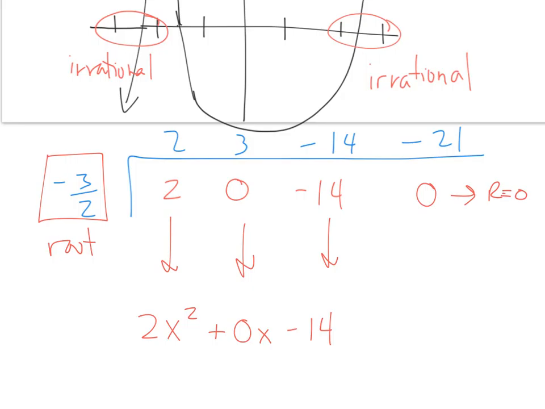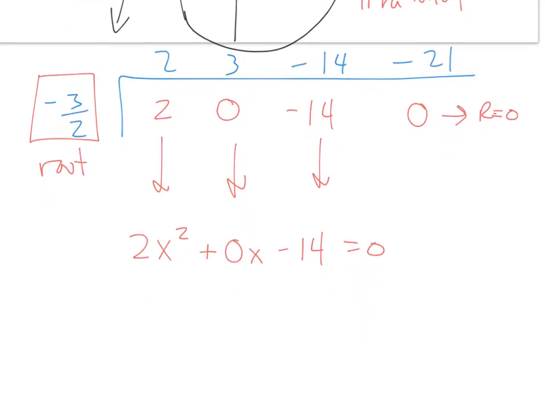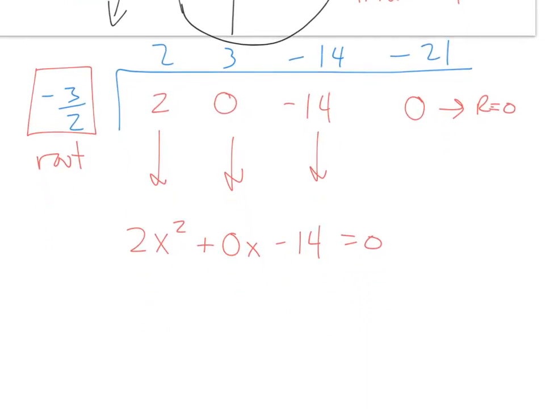Remember, we're trying to get the root, so we set it equal to 0. How do I solve this? Do not use the quadratic formula. How do I solve this? Can you factor it out? No, you could take out a 2. Sure. It works.